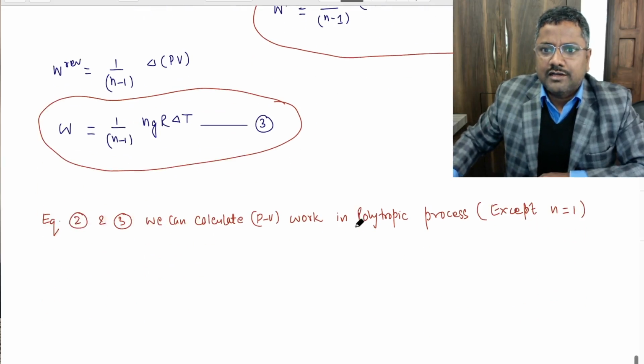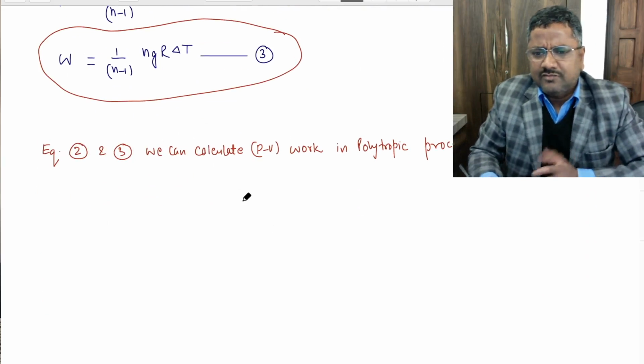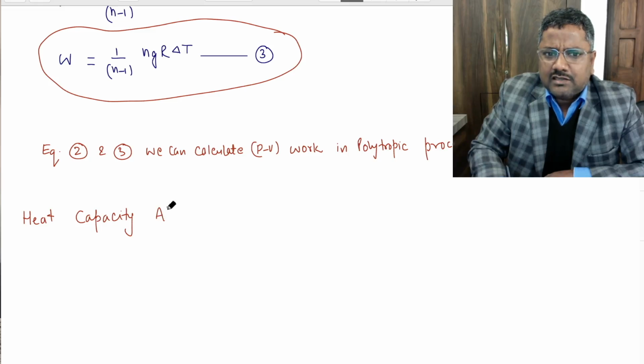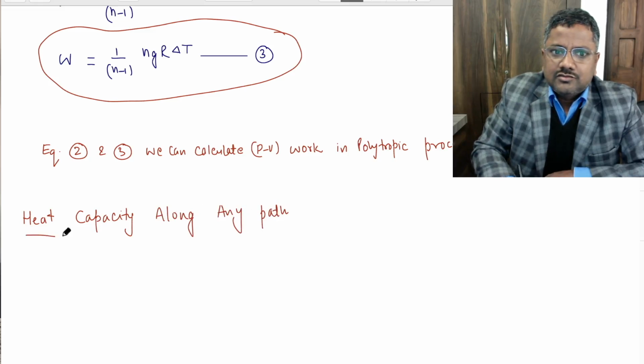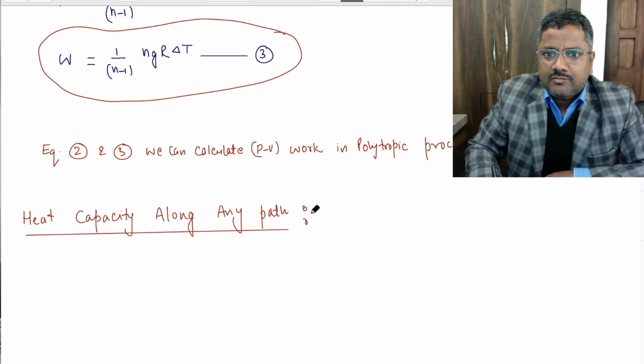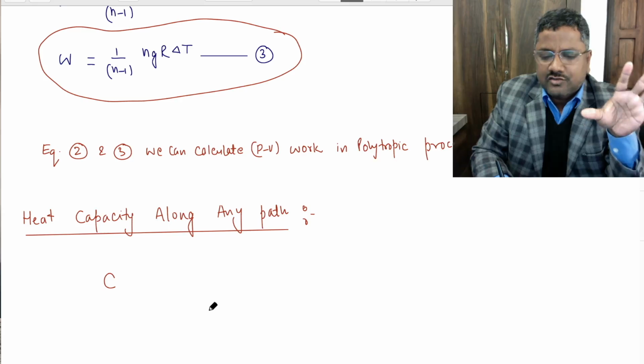One more important formula, that is also the same formula, but I am writing here. Heat capacity along any path. So heat capacity along any path C, this is not specified as a constant pressure or constant volume path.